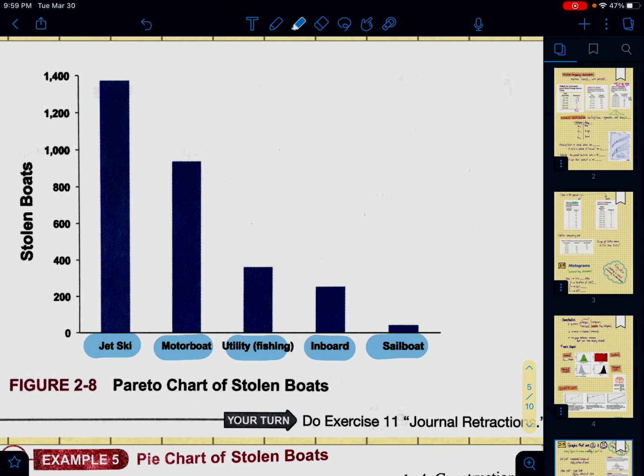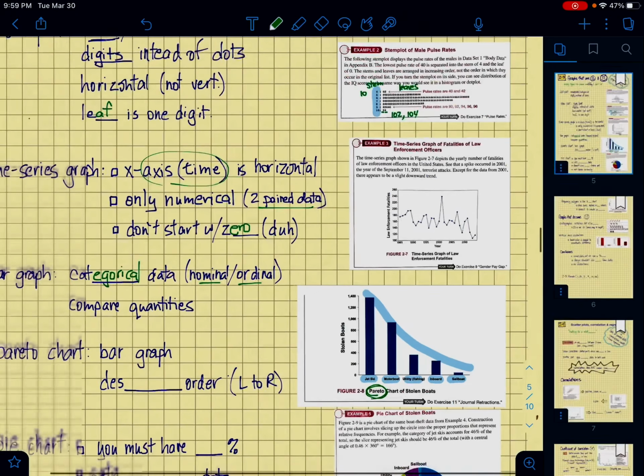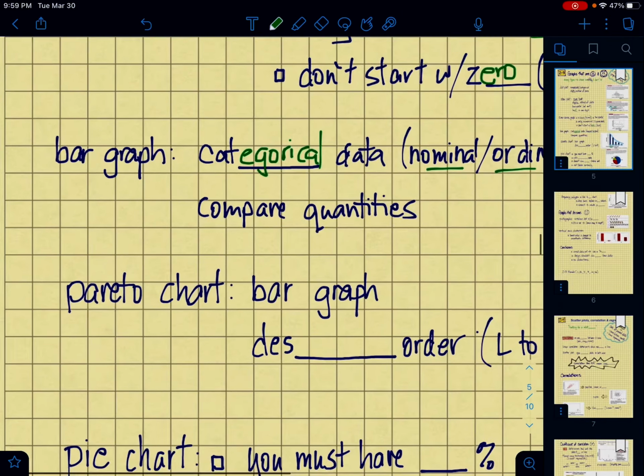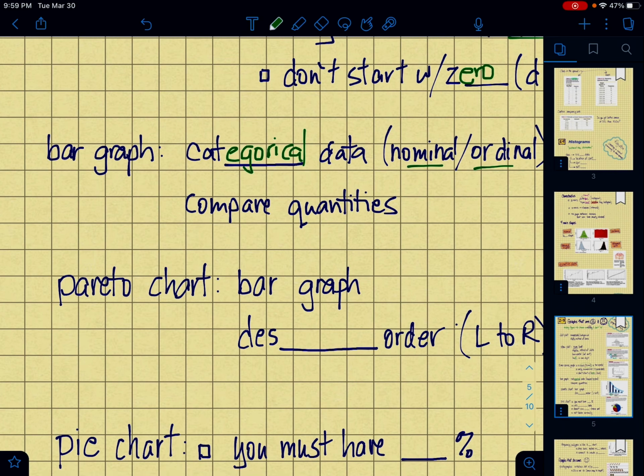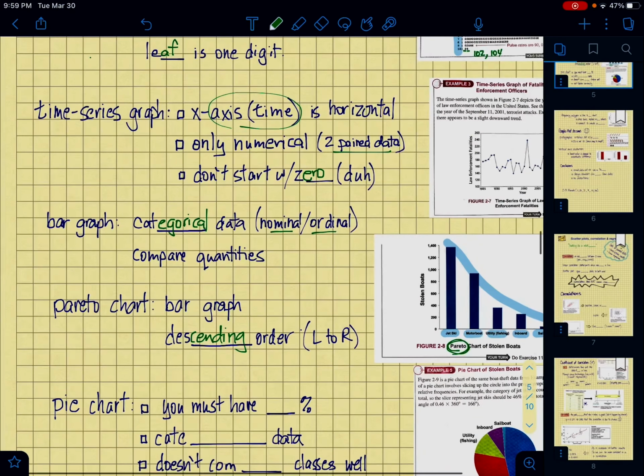We have the bars, and these are written in, notice, descending order. So therefore, this is a special bar graph. It's called the Pareto bar graph. And that's the only distinguishing factor between Pareto graphs and normal run-of-the-mill bar graphs. Okay.